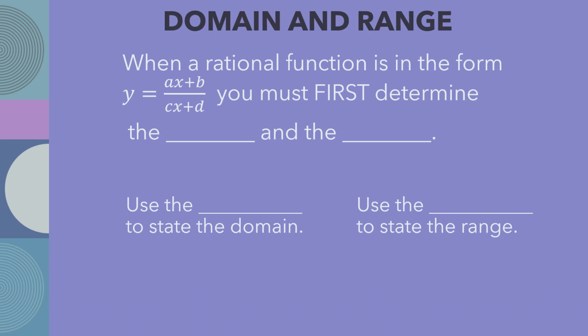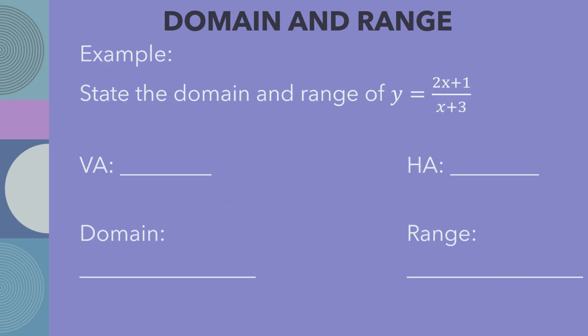And then determining the domain and range when our rational function is in this linear form, y equals ax plus b over cx plus d. We first need to determine our domain and range by using the vertical asymptotes and horizontal asymptotes. So in order to get the domain and range, I've got to know how to do the asymptotes, which we just practiced in the previous examples.